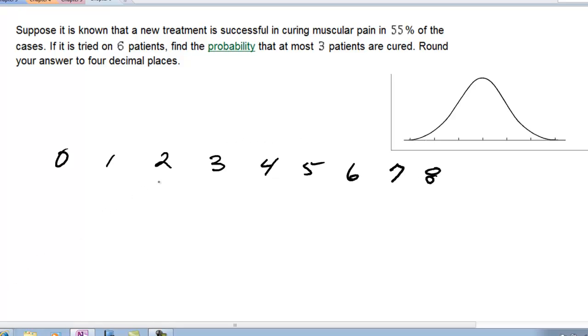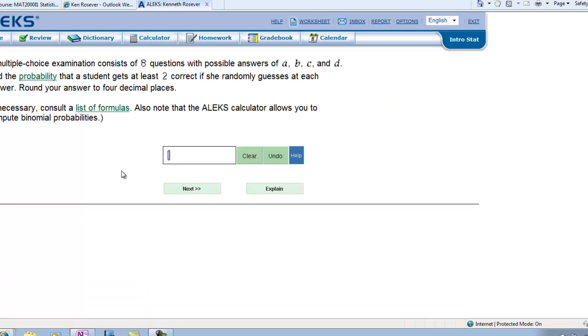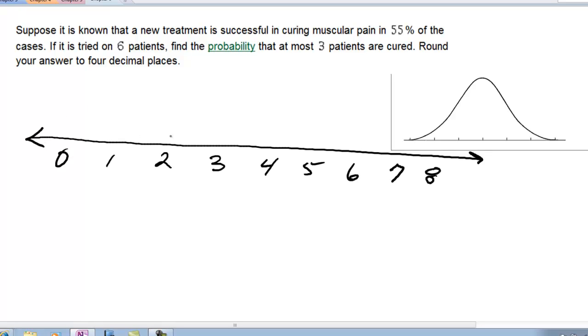They said find the probability that the student gets at least 2. At least 2 correct. So on my little number line here, how would we graph at least 2? Well, we would go 2 or more.